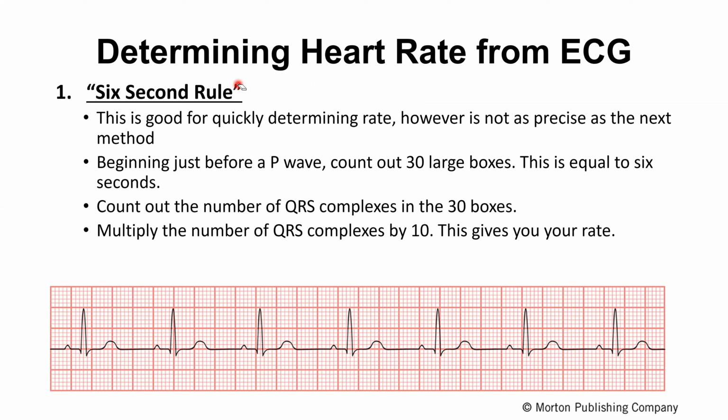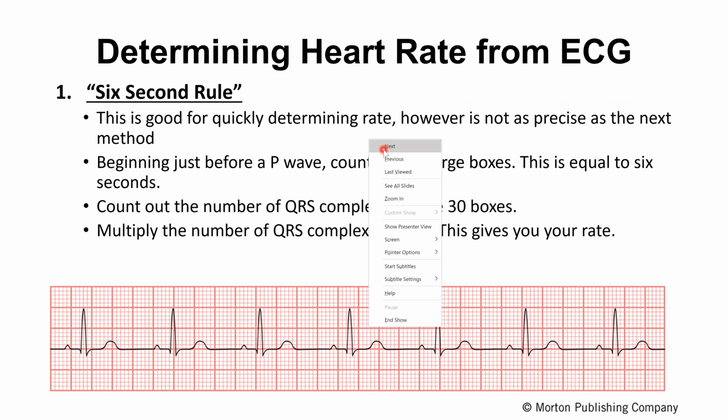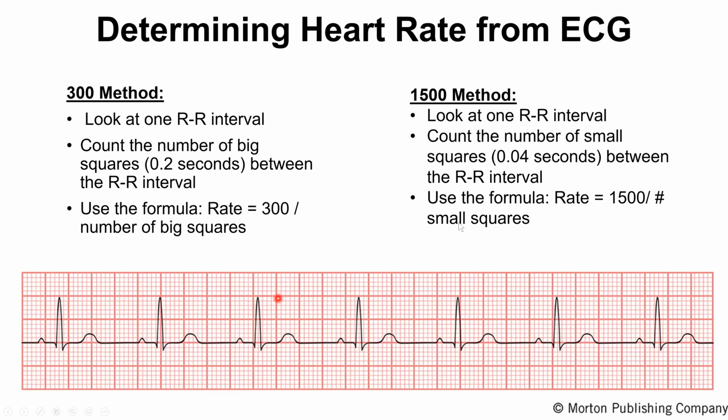Here we have a regular rhythm, but if this rhythm were irregular, the 6-second rule is the most common way to determine heart rate from an irregular rhythm.